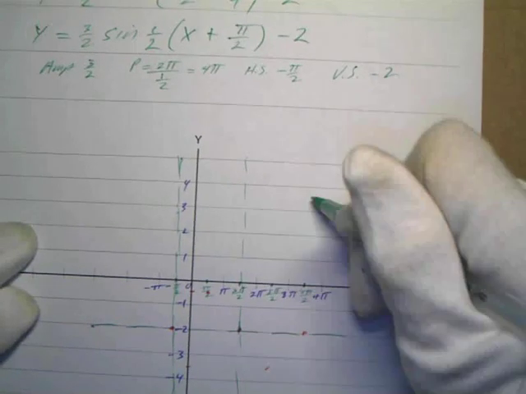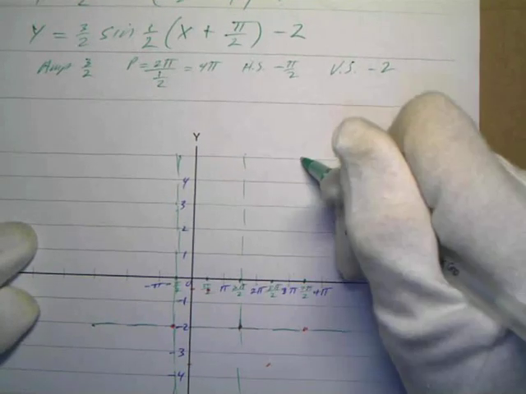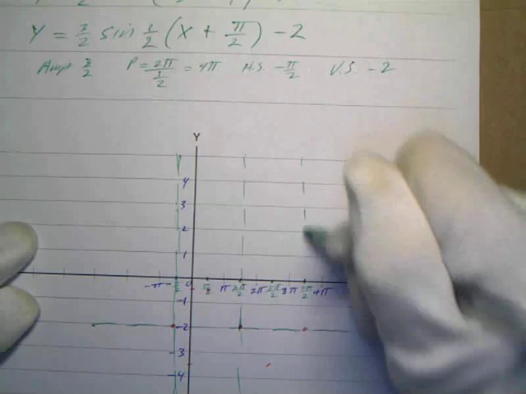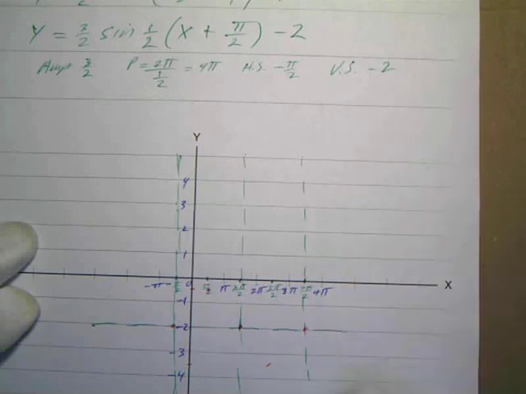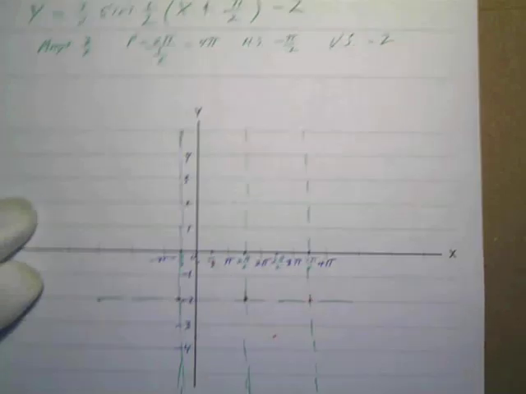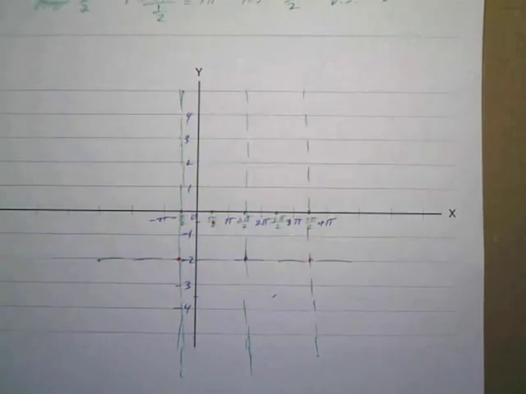Wherever I got zeros, those would be my asymptotes. I'm going to go get a ruler for the next one. So anyway, those are the asymptotes.